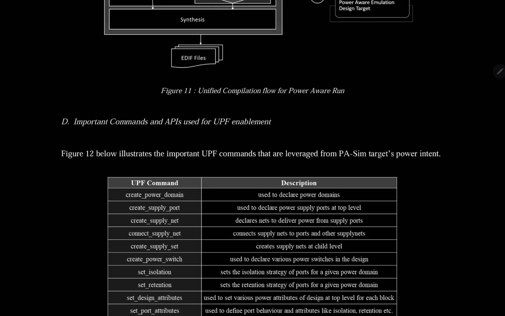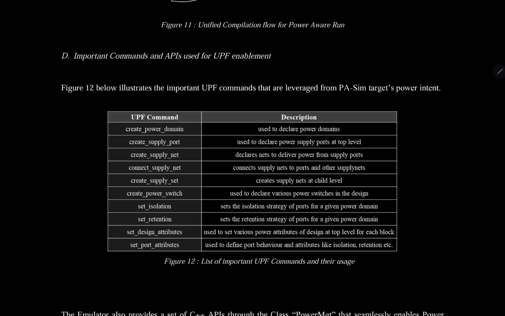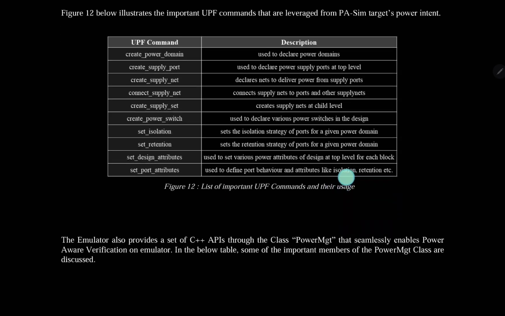The important commands and APIs used for UPF enablement. Figure 12 below illustrates the important UPF commands that are leveraged from a PA-sim target power intent. Figure 12 is a list of important UPF commands and their usage.